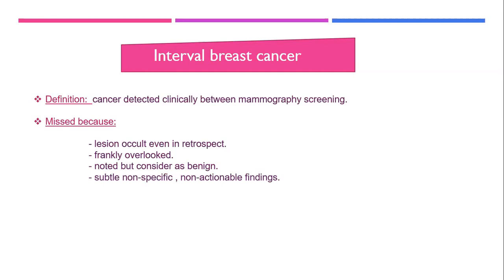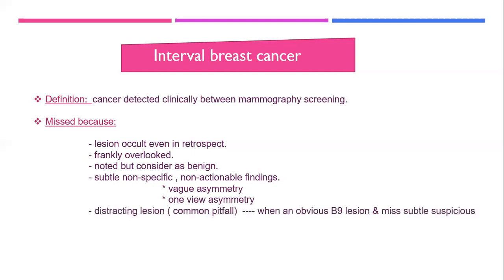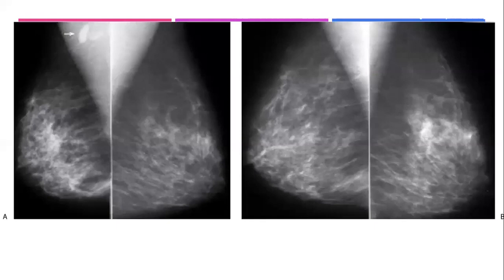Focal asymmetry or an area of asymmetry, not highly dense, seen in a single view, is considered a non-actionable finding. Like vague asymmetry, one-view asymmetry, or distracting lesions, which is a common pitfall, as we have seen before in our examples, when an obvious benign lesion has subtle suspicious findings sitting next to it. Okay, that is the interval cancer.